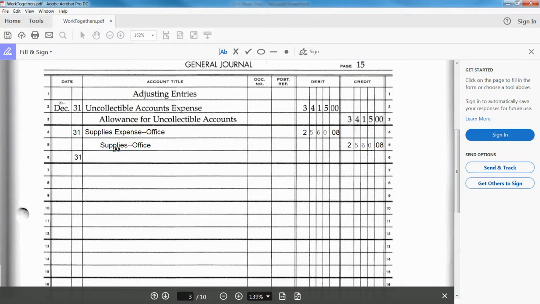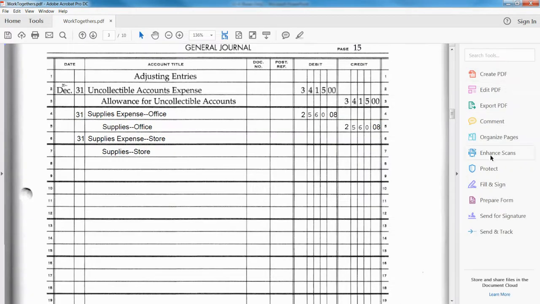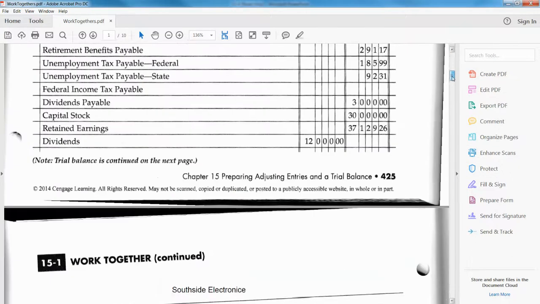Then we need to do the transaction for supplies expense store. So it's the 31st. We are going to debit supplies expense store, and we are going to credit supplies store. And then we need to go get the balance again.